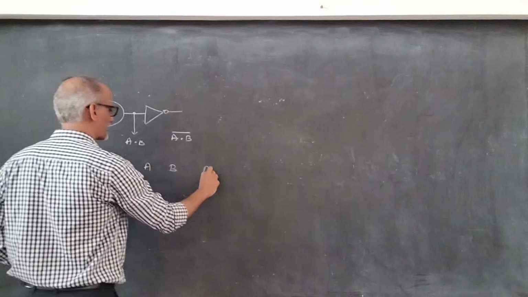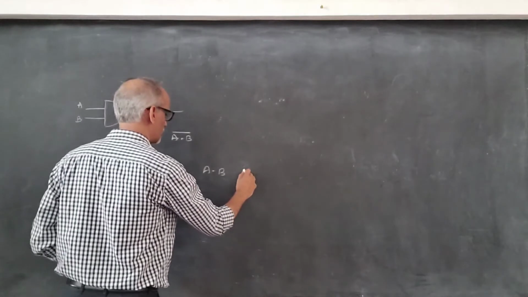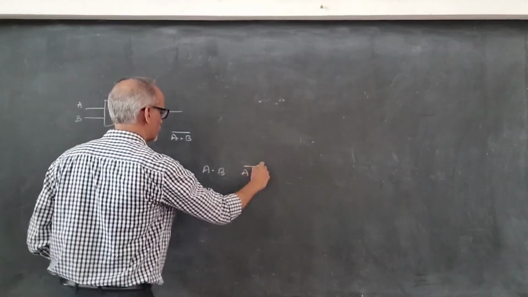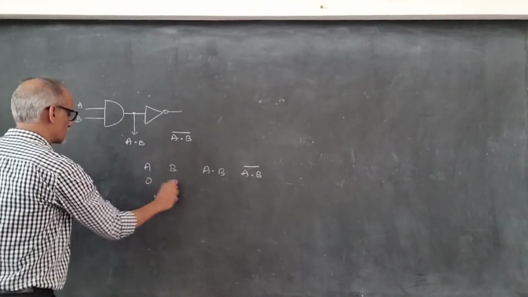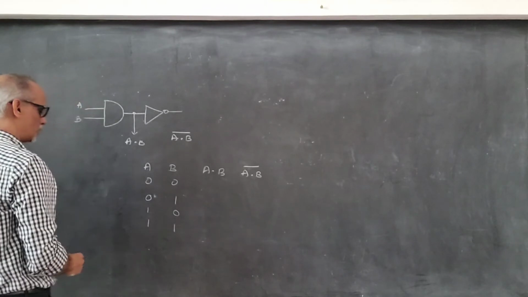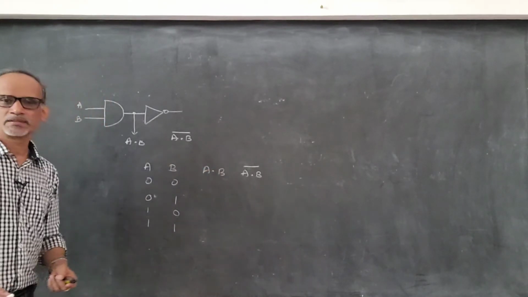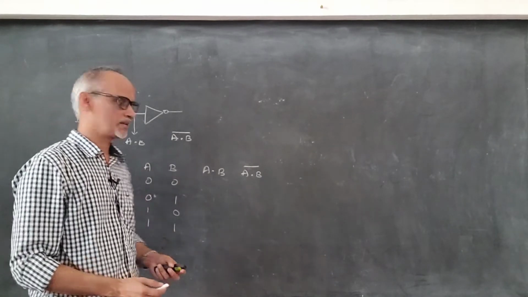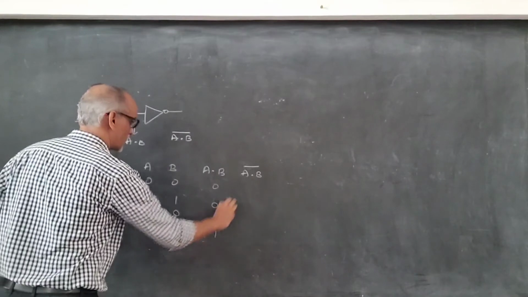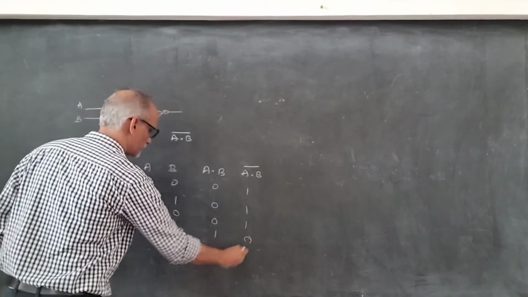This is A dot B, which is the AND gate, and now the inversion of it. So possible inputs are 0 0, 0 1, 1 0, and 1 1. For the AND gate, as I have mentioned earlier, make use of algebraic multiplication. This gives 0 0 0 and 1, and now the inversion, which is 1 1 1 and 0.